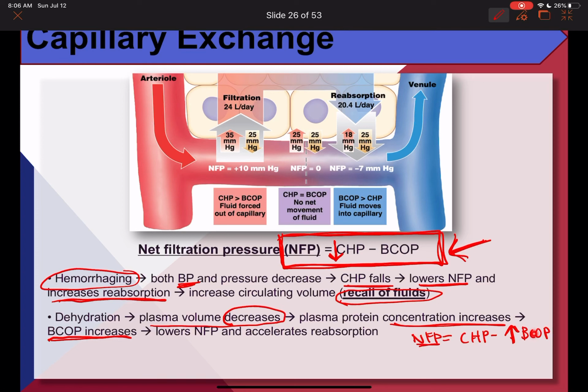Well, your NFP will also decrease. Because NFP gets smaller, more negative, it accelerates the amount of reabsorption that can occur. Again, recall of fluids from your tissues and cells when you are dehydrated.